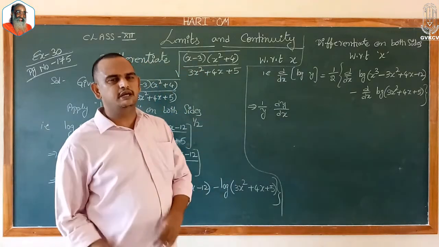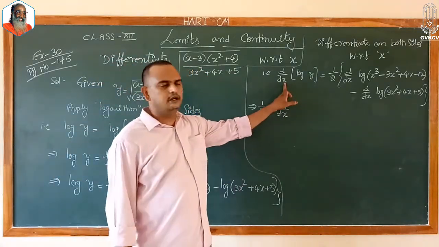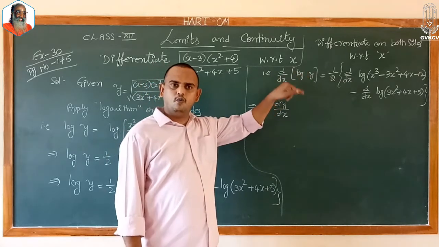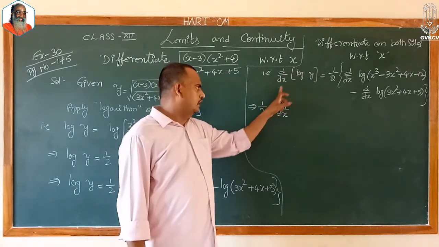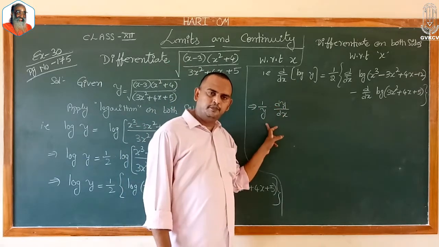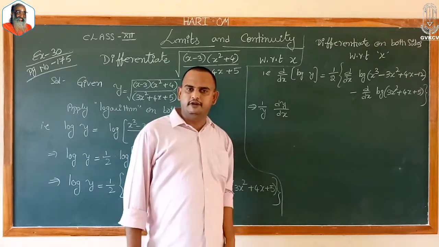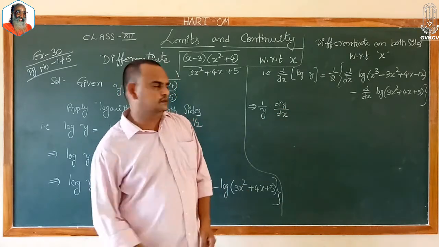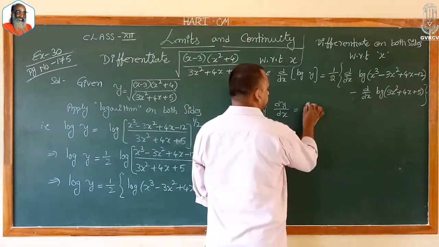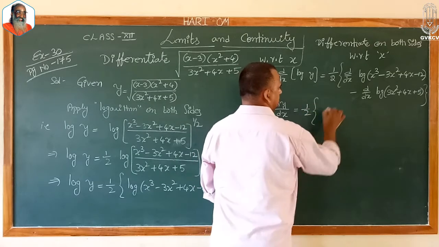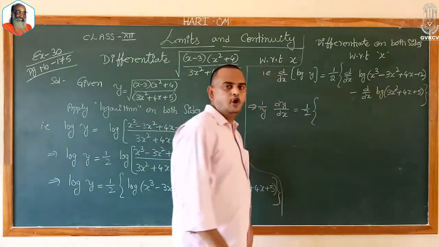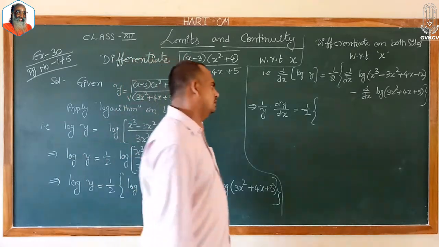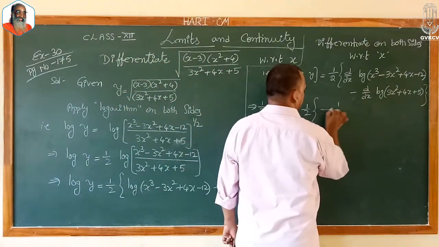Why do we get dy by dx? Actually we are differentiating with respect to x, but instead of x what we have is y. So the log y derivative is 1 by y, and again y also we should differentiate, so that we have dy by dx. That is equal to half. It is also in the form of log x, and log x differentiation is 1 by x.